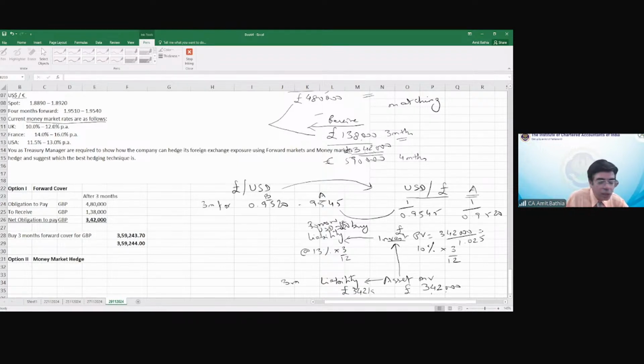This amount will come to how much? 333,658. Okay, so that is the present value. Round it off and make it 659, sir. Okay, 659. We make it 659.